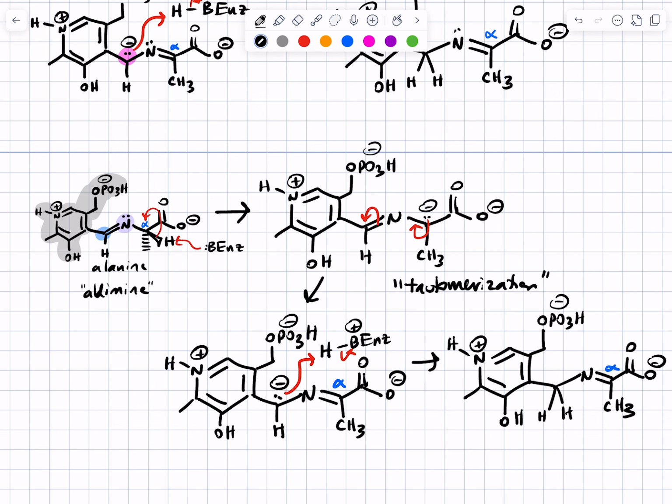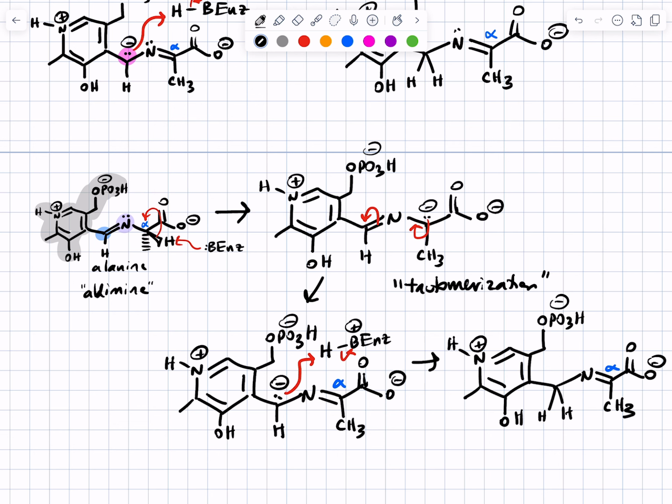What we did with drawing all the resonance structures was to convince you that the presence of PLP makes it easier to remove the proton from that alpha carbon because the resulting conjugate base is stabilized by resonance.